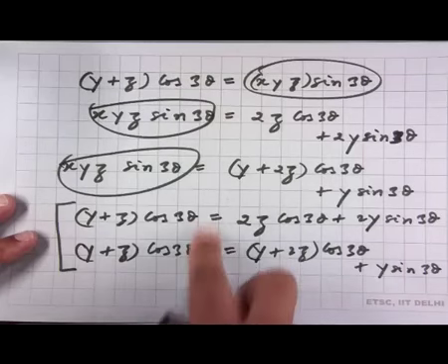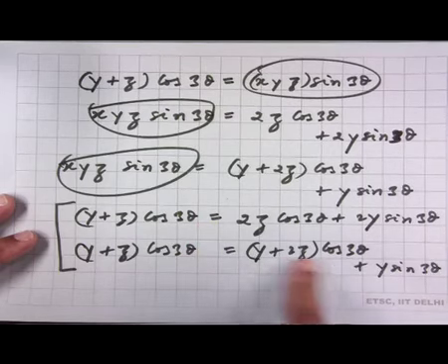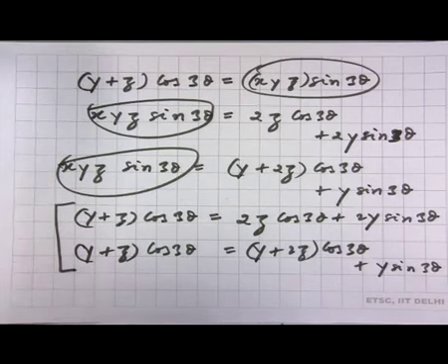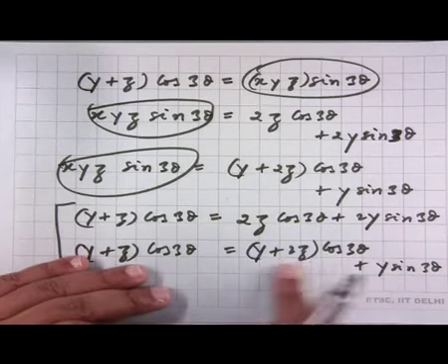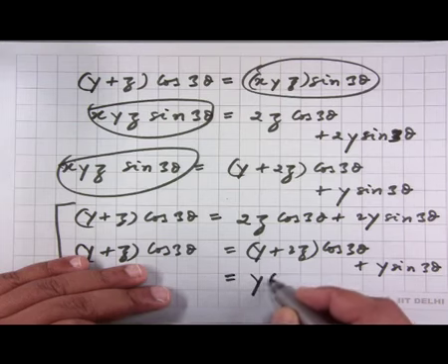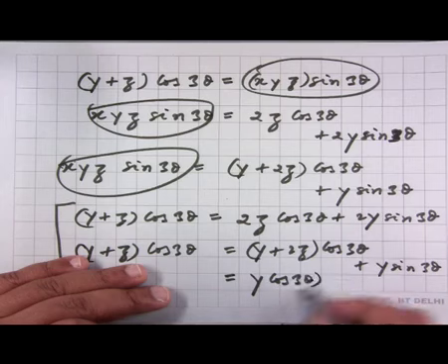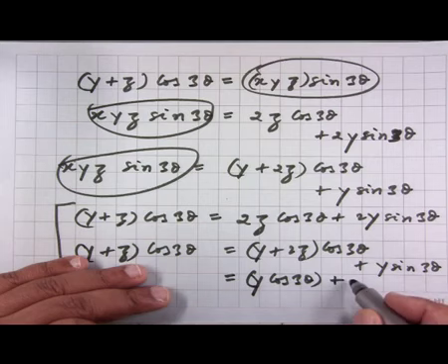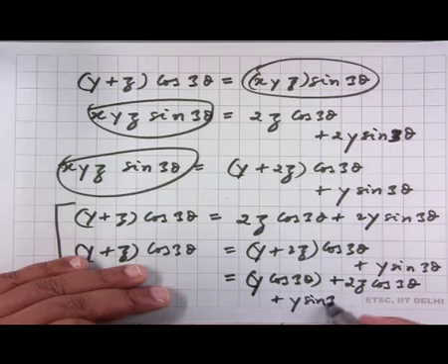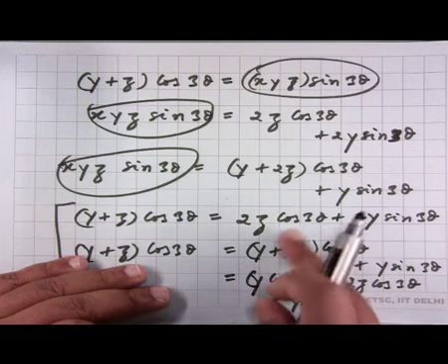What we see from both these equations is that ultimately these right hand sides have to be equal, and the right hand side here can be written as y cos 3 theta and then plus 2z cos 3 theta plus y sine 3 theta. So, 2z cos 3 theta is also here.